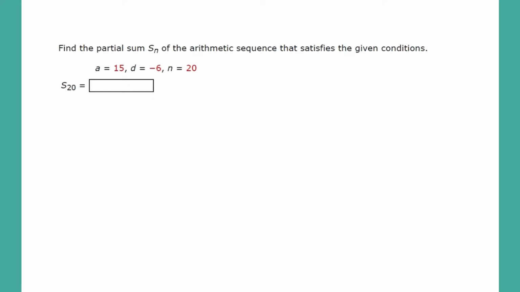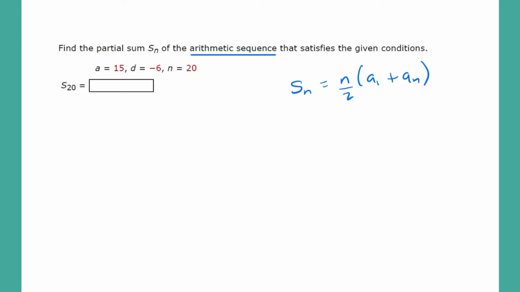Partial sums. All right, so now we're looking for a partial sum, and there is a formula for partial sums of an arithmetic sequence, and the formula for that is s sub n is equal to n over 2 times a sub 1 plus a sub n. All right, so we want the sum of the first 20 terms. So let's see, do we have everything we need?